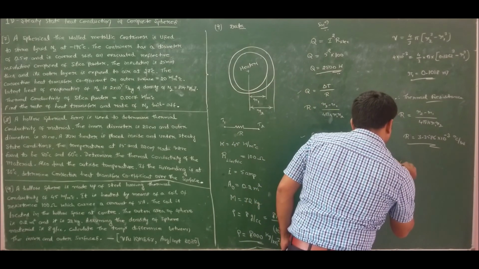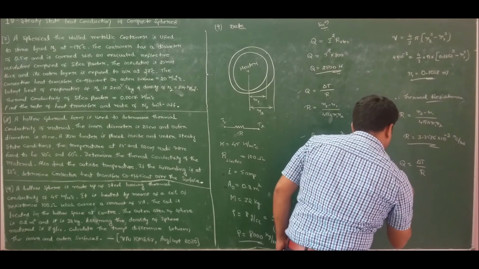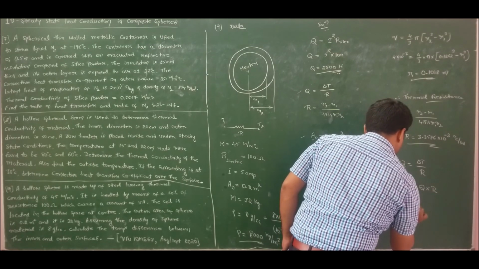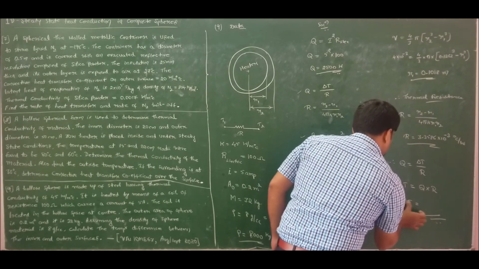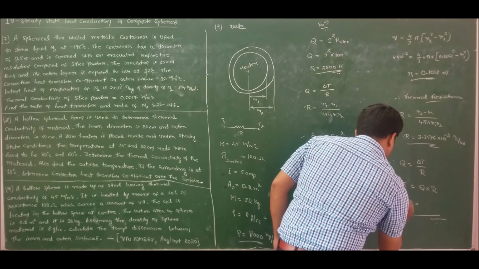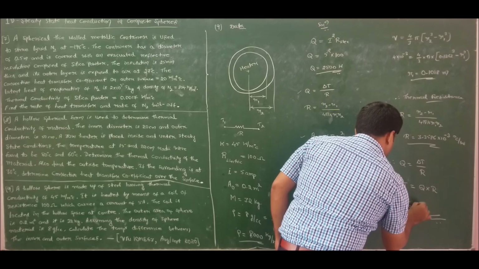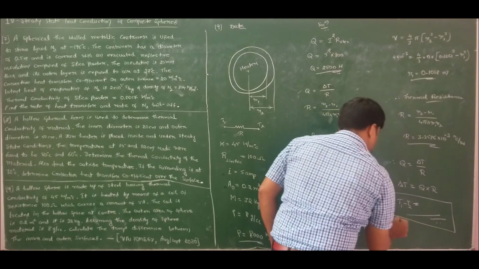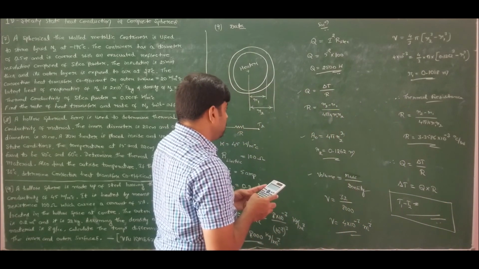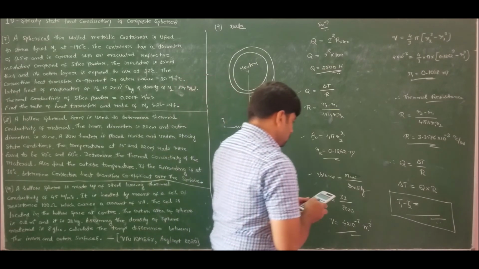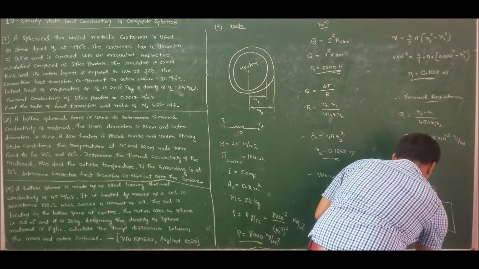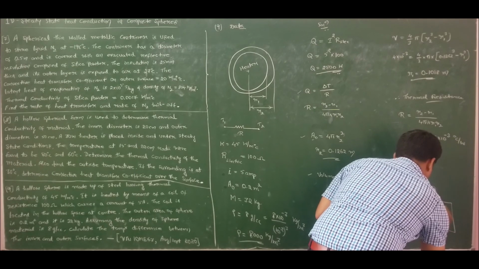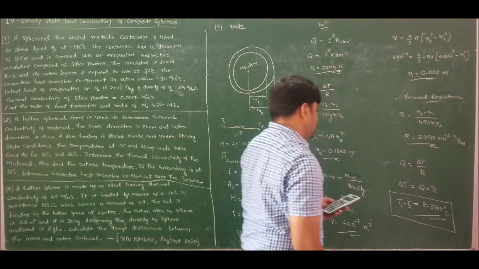So therefore we know that Q is equal to delta T by R, hence delta T is equal to Q into R. The temperature difference between the inner surface and the outer surface, T1 minus T2, is this answer multiplied by Q. Q is 2500, which gives 8.3965 degrees Celsius.